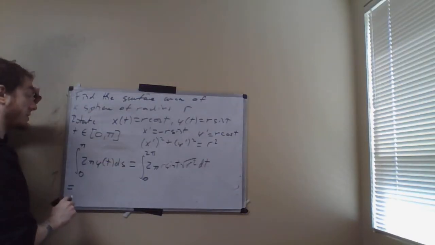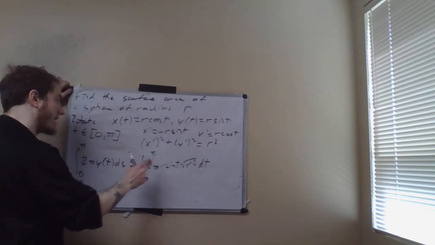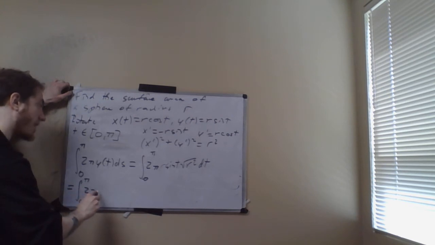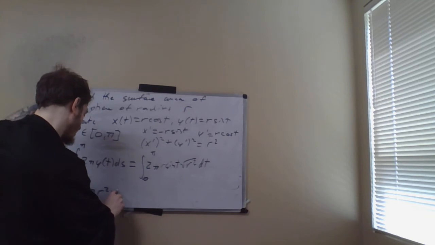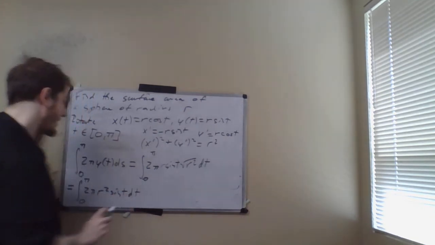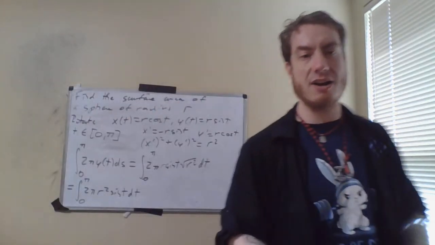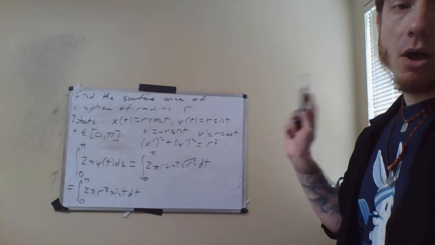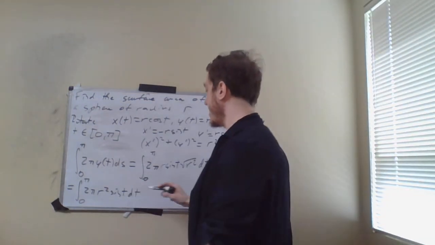Well, this is just going to become the integral from 0 up to pi of 2 pi r squared sine t dt. Now, you might think, oh, this r squared is really going to mess with stuff. It's not, because r isn't a variable. r is a constant. So all I have to do is find the antiderivative.